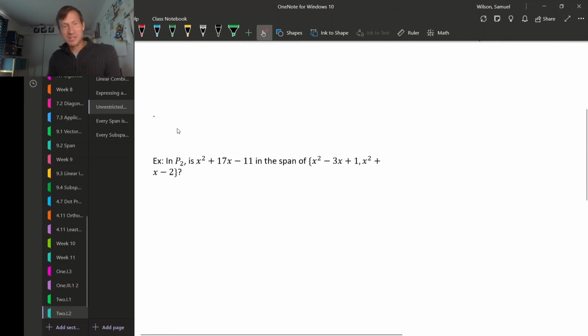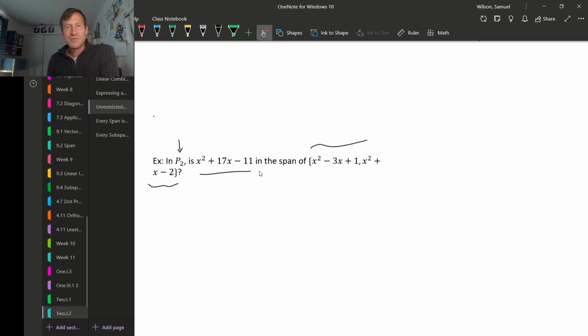so just to make sure that we understand what span actually is, let's ask a question about it. In this vector space, P2, the collection of polynomials of degree less than or equal to 2, is this polynomial, x squared plus 17x minus 11, in the span of these two over here?